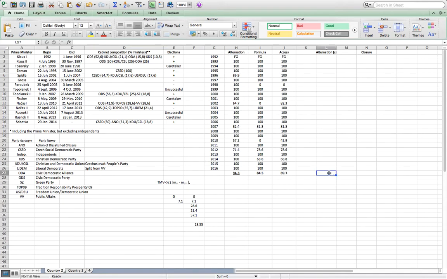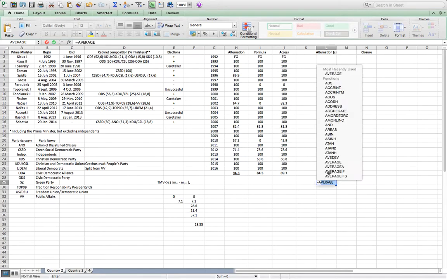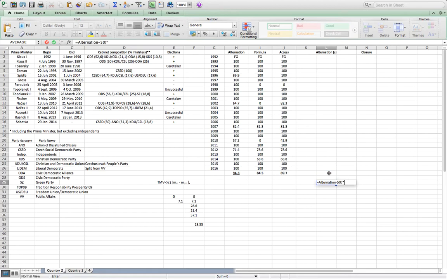For that, we need to use the following formula. So basically it's alternation minus 50, multiplied by 2, okay? Alternation minus 50 multiplied by 2. This is the formula that we need to apply.